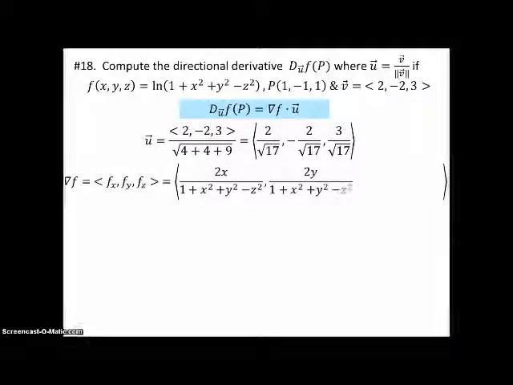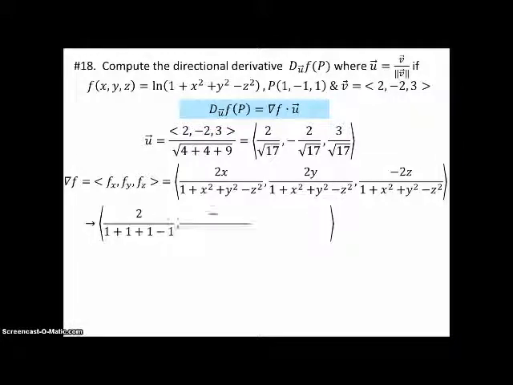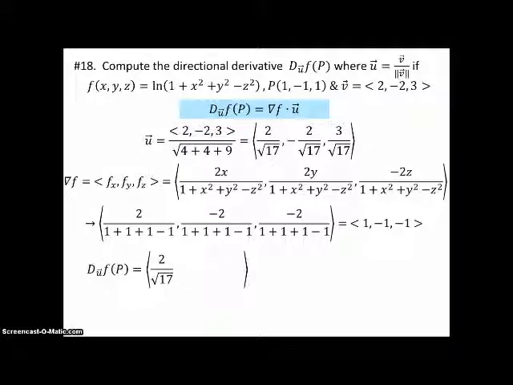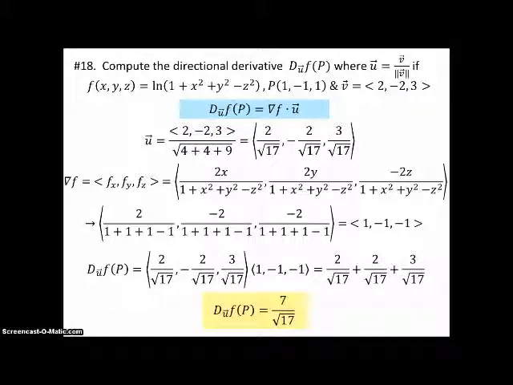And notice that the partial derivatives are all 1 over that quantity, but then the derivative of the inside varies with respect to whichever variable we happen to be taking the derivative with respect to. So you get numerators of 2x, 2y, and -2z. So then we plug in our numbers into our gradient vector and simplify, and then we dot our u vector with our gradient vector, and we get our final answer of 7 over the square root of 17.